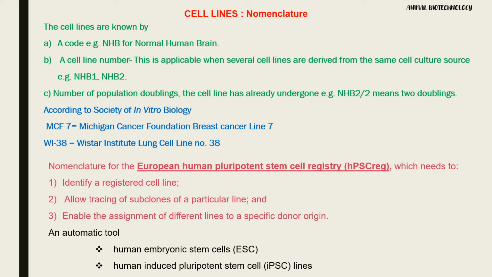According to the European Human Pluripotent Stem Cell Registry, it is automated. It gives a maximum of 15 character codes and can be categorized as human embryonic stem cells with code ESC and human induced pluripotent stem cells as iPSC lines.